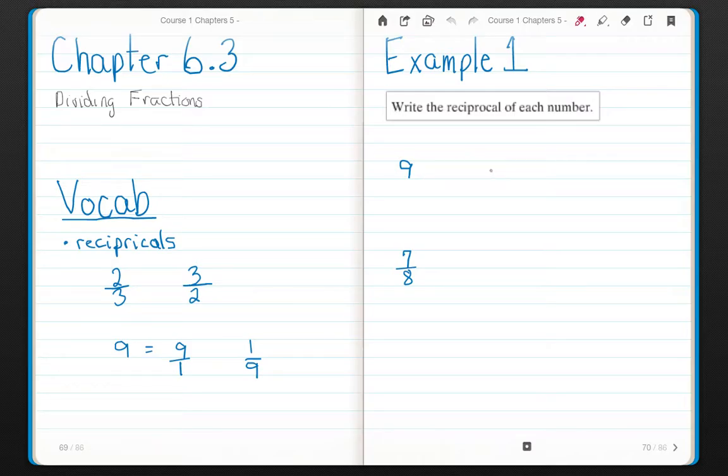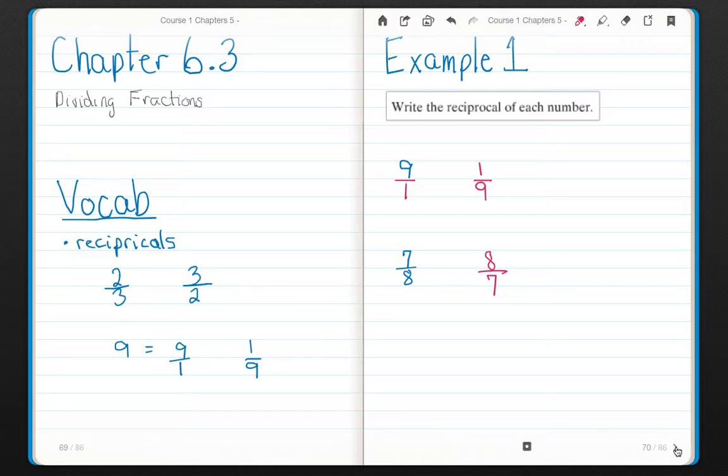So remember, whenever you're working with any whole number, put that whole number over 1, and then you can write the reciprocal. You invert the number, you turn it over to make it 1/9. So the reciprocal of 7/8 is 8/7. That's all a reciprocal is, just turning the number over or inverting it.